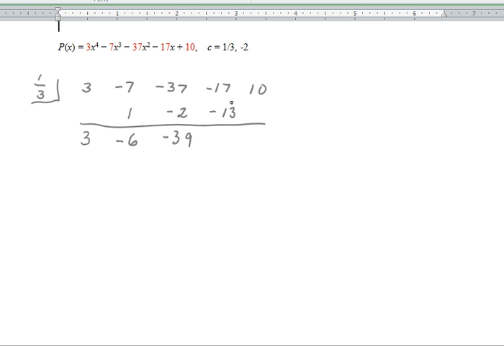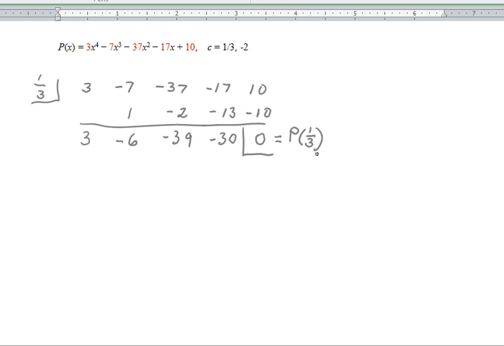When we add -17, we get -30. And 1/3 of -30 is -10. When we add the 10 and the -10, we get 0. So P of 1/3 is 0. That does not surprise us because 1/3 we were told is a 0.